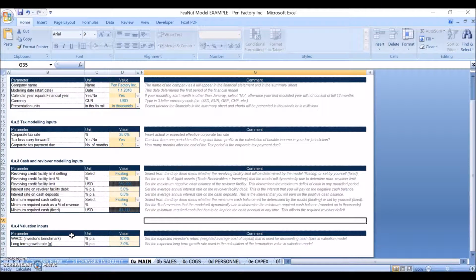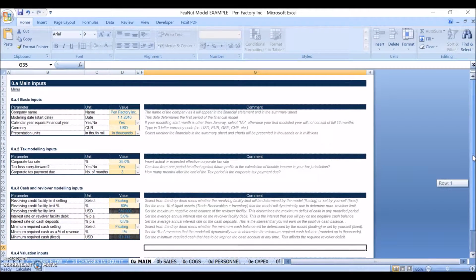And I will talk about this valuation submodel in a later video where we will go through the details. So for now, these are all the main inputs that we need to populate in this main input worksheet.